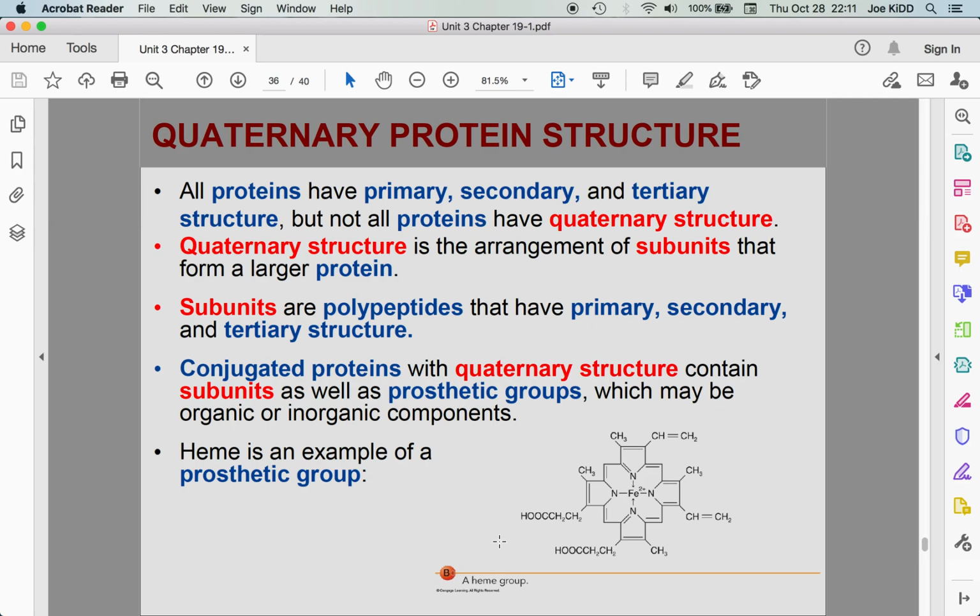So in the case of hemoglobin, there are four different monomers of the subunit that all come together to make hemoglobin. And so that's why there's quaternary structure of hemoglobin, but not every compound will have a quaternary structure.